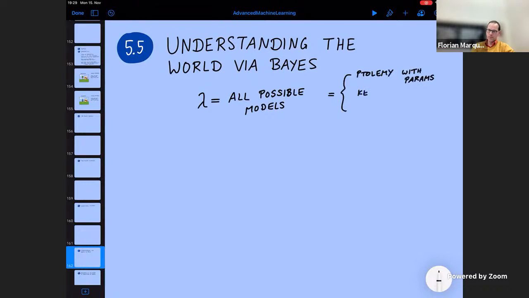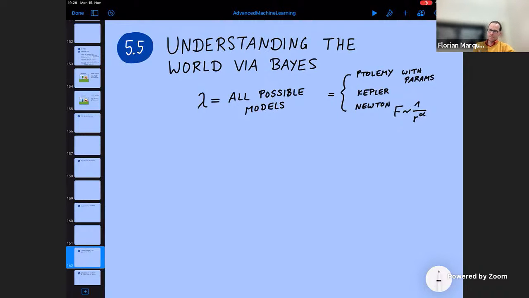There is Kepler with the parameters needed to describe the elliptical orbits, or there is Newton, but maybe we even have a modified Newton. We could say the force is 1 divided by r to the alpha, and this alpha is still a parameter which we claim we do not quite know. So this is the kind of models we are now talking about.